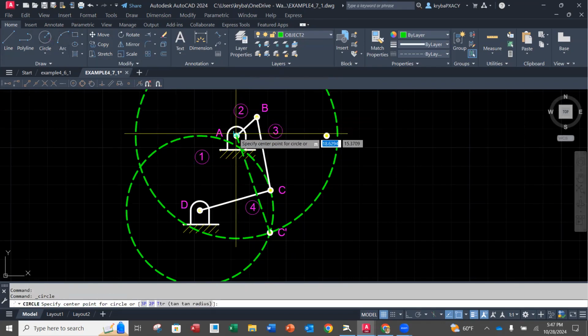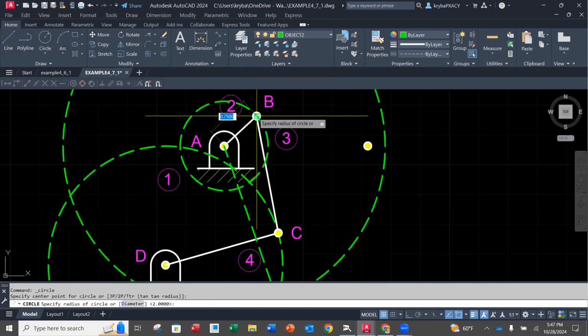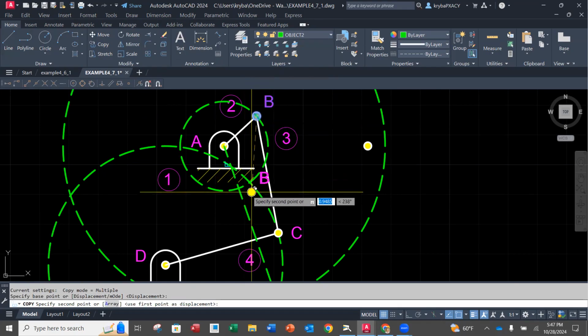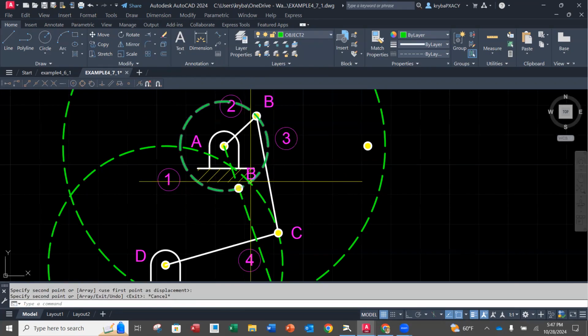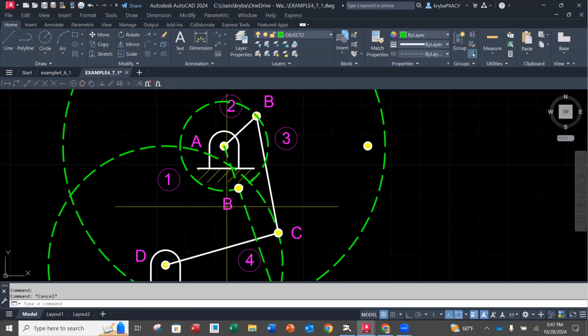So to show where link 2 is, 0.75, I'm going to copy the joint B and the designation for B down to this intersection right here. I'm going to move this B right there, and that is going to be B prime.